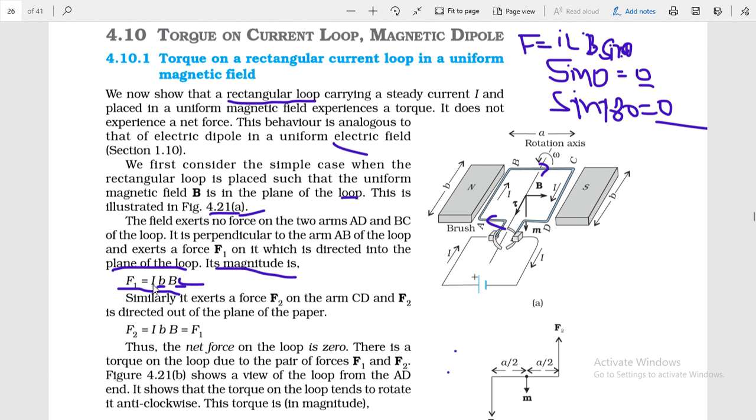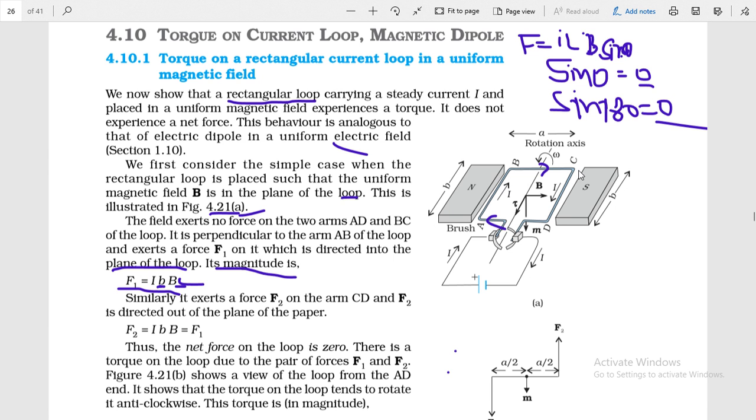I is the current flowing through this arm AB, b is the length of AB, and capital B is the magnitude of the magnetic field. Direction is given here, it is perpendicular and into the plane of the loop.